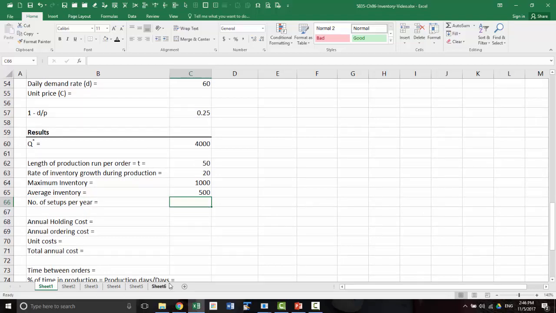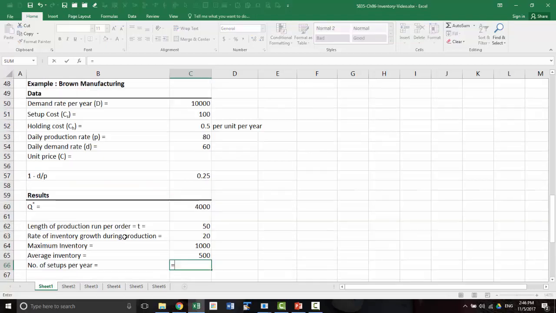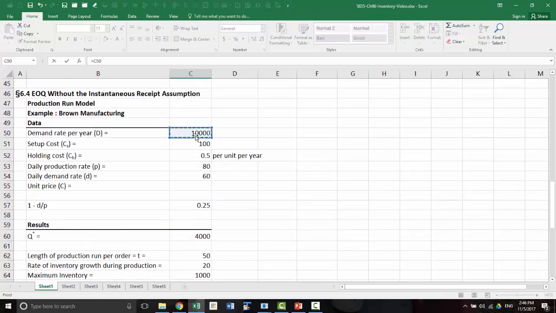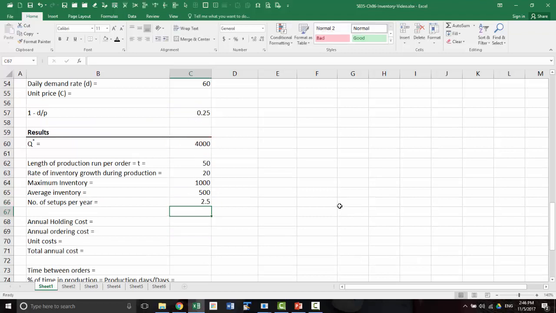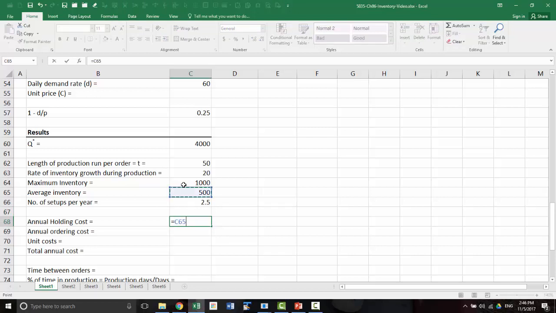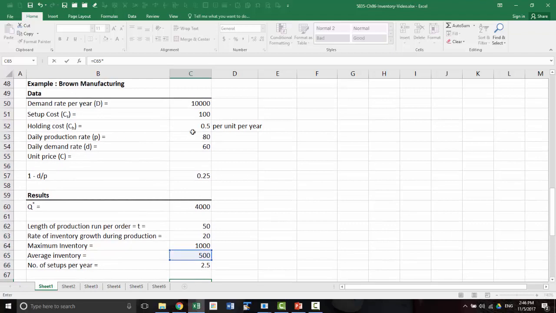Number of setups per year would be demand divided by the production order quantity. Don't round this. This is an average number, so you shouldn't round. So annual holding cost will be average inventory times C sub H.